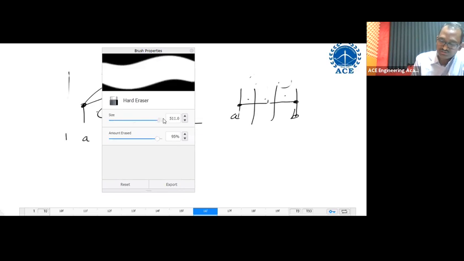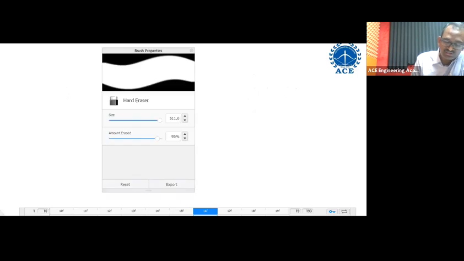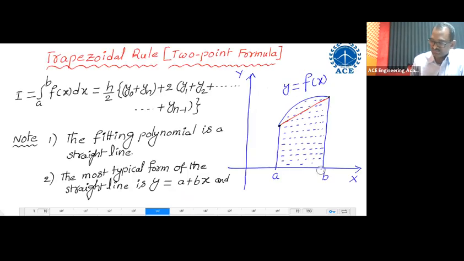So how many subintervals are required? There are no restrictions. Minimum 1 subinterval is compulsory. This is 1 subinterval. Maximum, any number of subintervals, but minimum 1 compulsory.